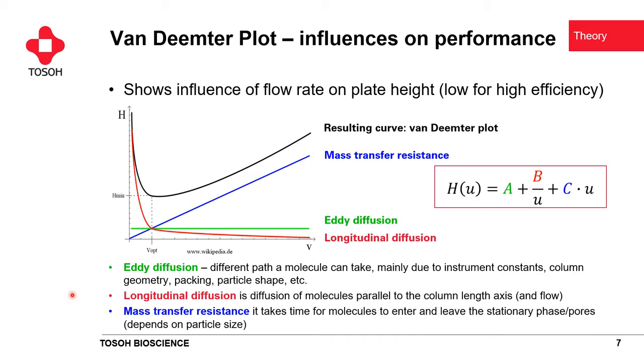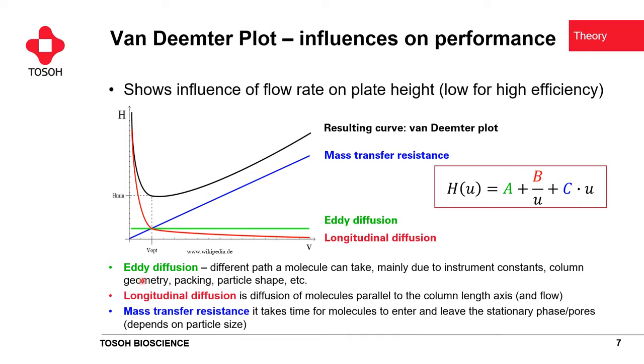Longitudinal diffusion is the diffusion that we have in parallel to our column and to the flow, meaning diffusion, which typically occurs always, maybe a little more into the direction of the end of the column or to the beginning of the column, and therefore again we have peak broadening and an impact on our plate height.